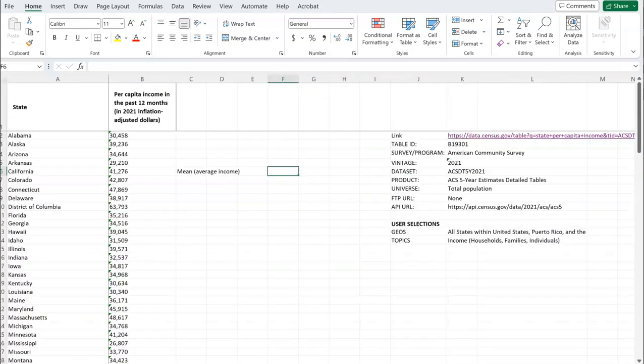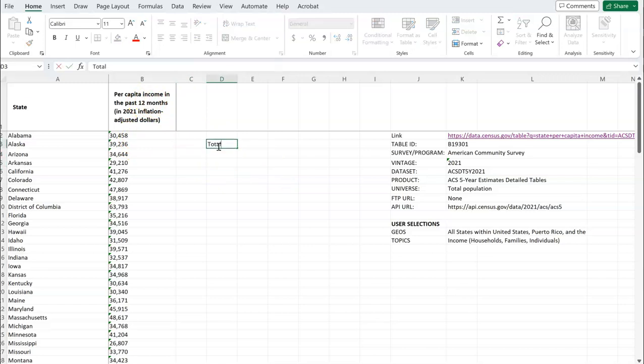So let's look at data. I have downloaded this data from the Census Bureau. It is basically from a survey called the American Community Survey, and the numbers are the per capita income in the past 12 months. The way it is calculated is it's looking at total income earned in a state divided by the total population in a state.